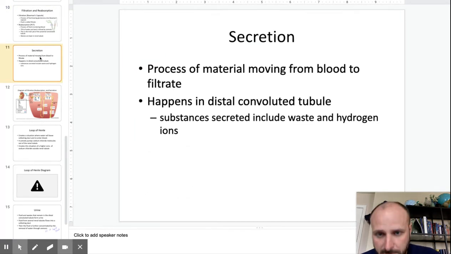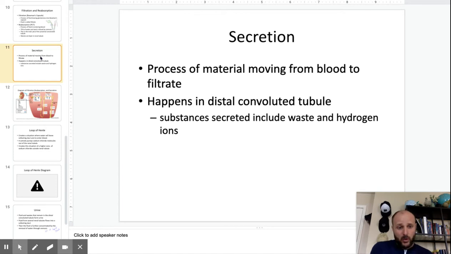So, next, we'll talk about the loop of Henle here in a minute, but it's going to go past the loop of Henle into the distal convoluted tubule where most of the secretion is going to happen. This is the process of material moving from the blood back into the filtrate. It happens in the distal convoluted tubule.